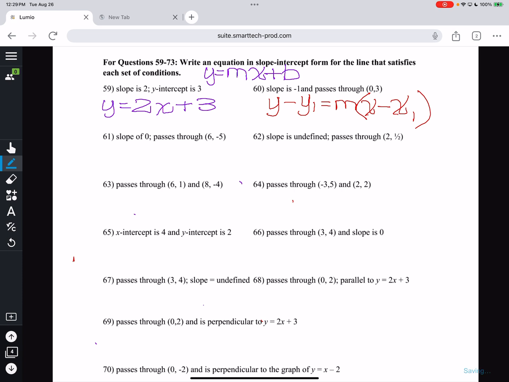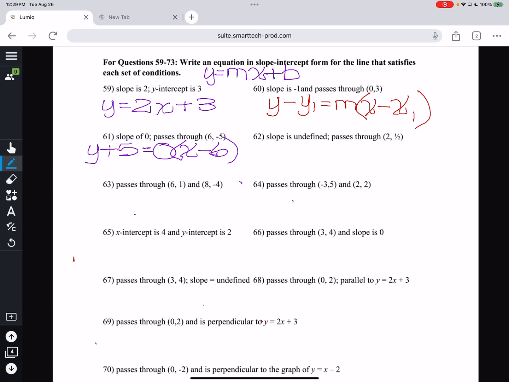All right, slope is 0, passes through 6, negative 5. So you take your ordered pair and use that information. So y minus negative 5 is the same as y plus 5 equals 0, parenthesis, x minus 6. You know to take the slope and distribute it across your parenthesis of x minus 6, but any number times 0 is 0.